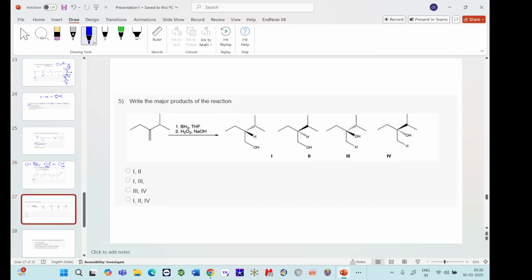Write the major products of the reaction. Okay. First thing is BH3 THF. What will happen here?